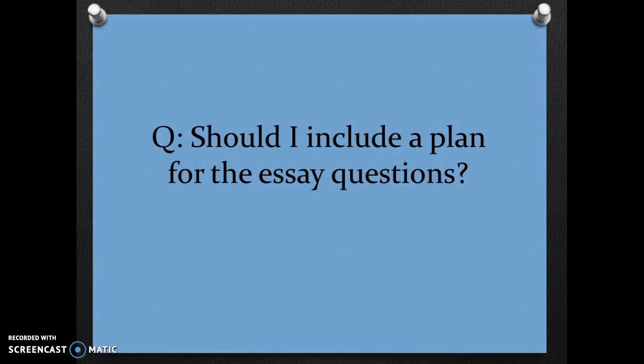Should I include a plan for the essay questions? Well, one of the trainings that I went on, it was recommended by one of the chief examiners that students that did plan their answers actually answered the questions better, and they were a lot more logical and they flowed better because the students had thought out their answer before they put pen to paper.